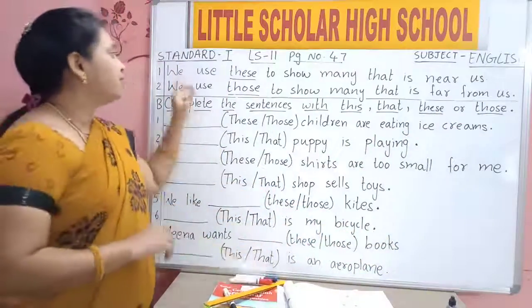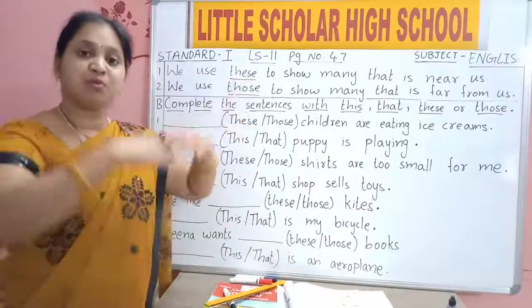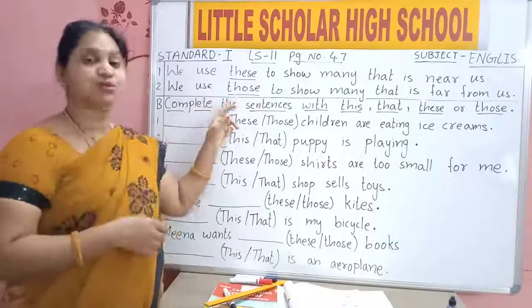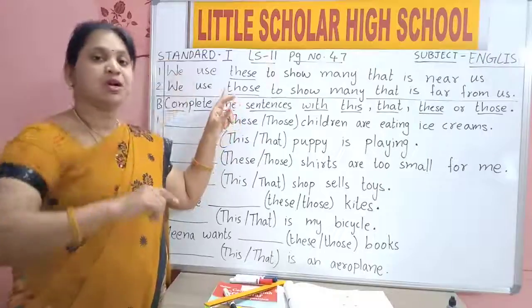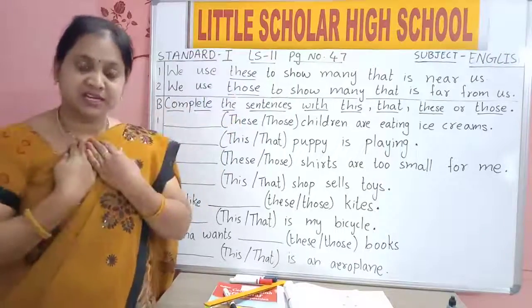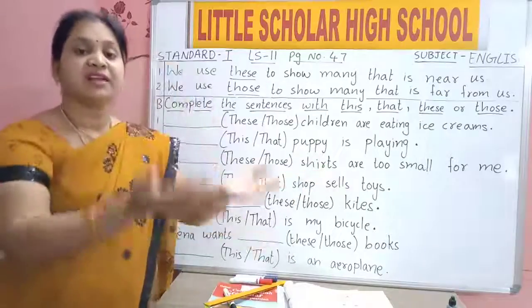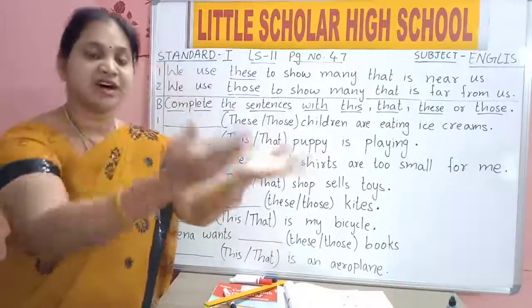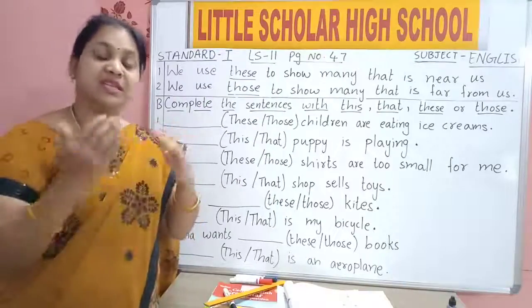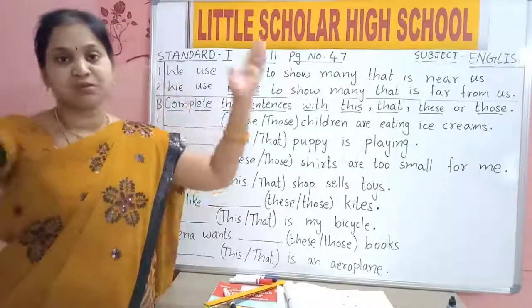So we use these to show many that is near us. We use those to show many that is far from us. These near, those far, this near, that far. This, that when we are talking about one. These, those when we are talking about many.